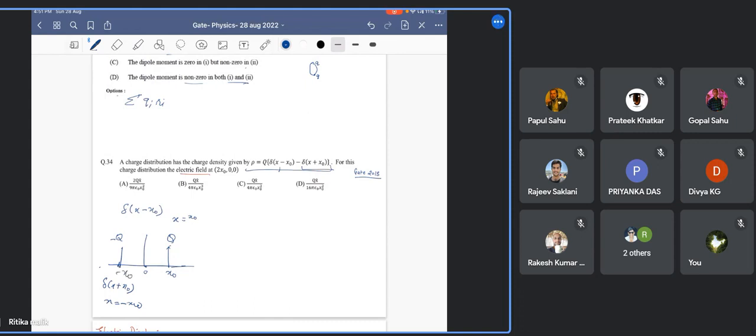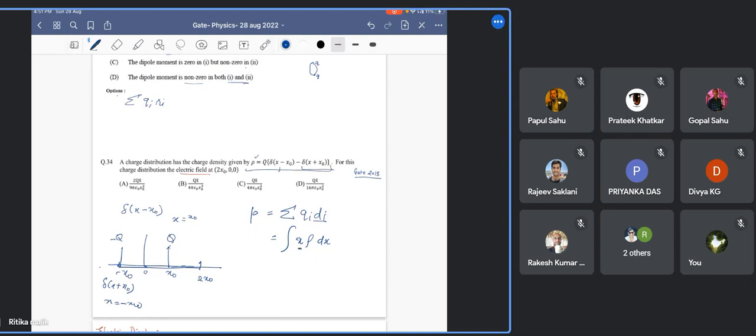So they want to ask what the electric field is at 2x naught. So the electric field has to be calculated along the axis. It is more of a continuous charge distribution. So the problem can be solved by using the electric dipole moment P, which is initially the sum of q_i r_i, but in the continuous case r_i is replaced by x and the charge is replaced by the charge density rho dx, since it is a one dimensional case.